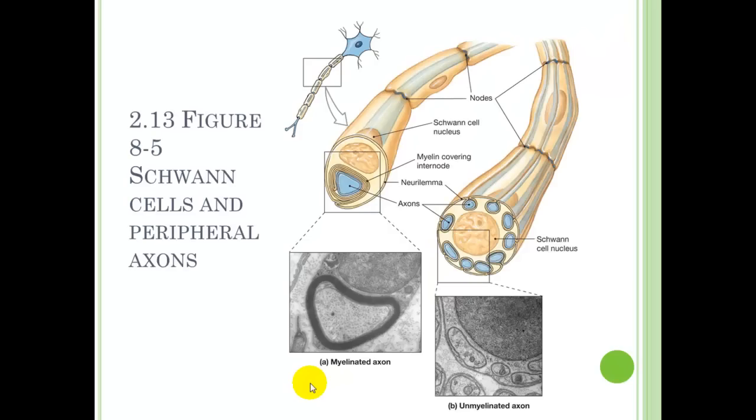Figure 8.5 in your book, slide 2.13, is Schwann cells and peripheral axons. And these are going to be unmyelinated. You have a myelinated version here and an unmyelinated version. The one on this side is unmyelinated, and these are the Schwann cells, which assist in the communication, allowing communication to flow so that you don't get collateral communication.